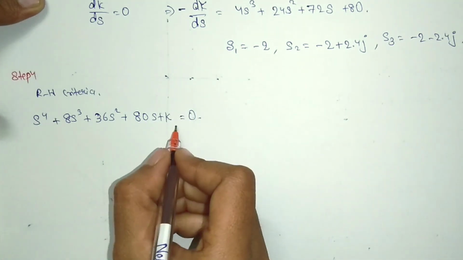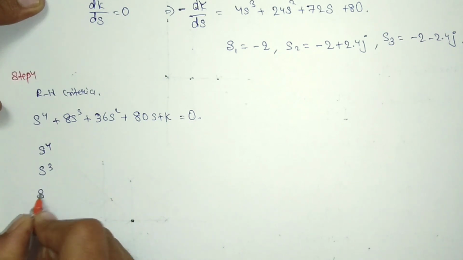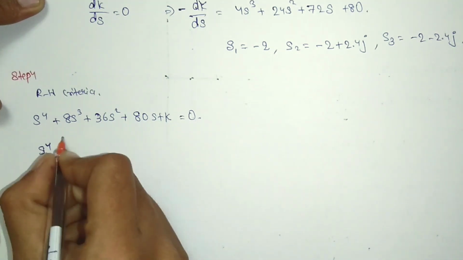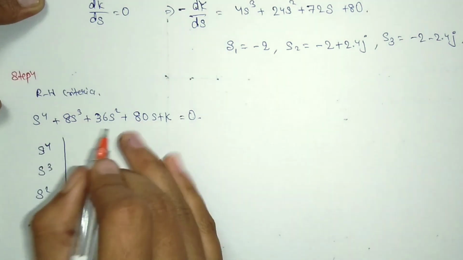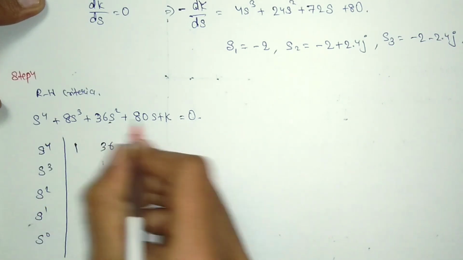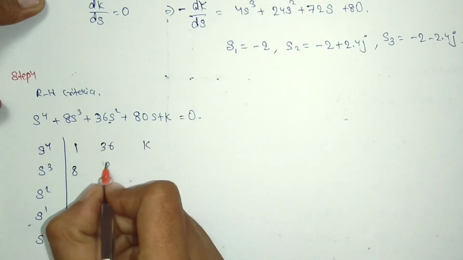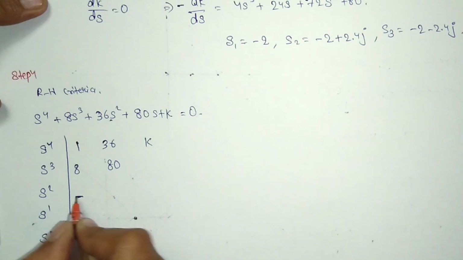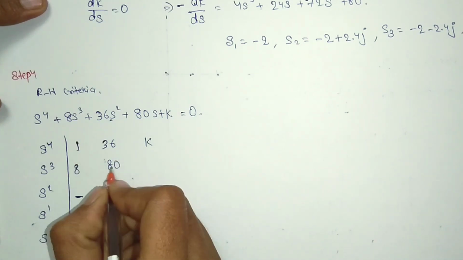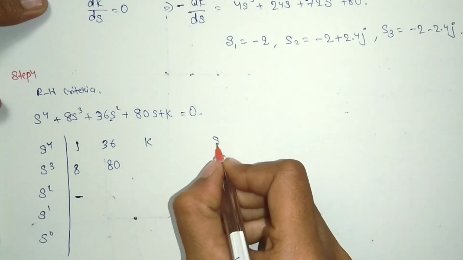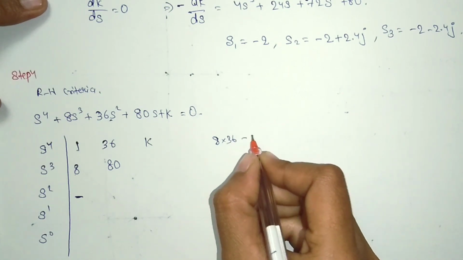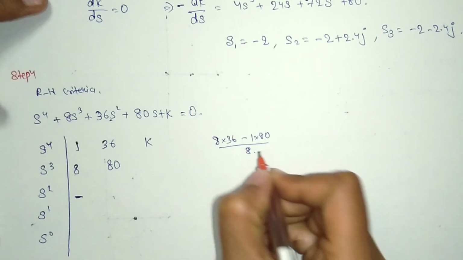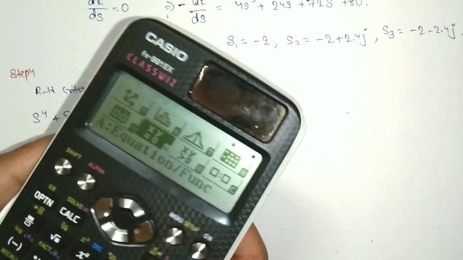Now we will take every s in decreasing order of power, and we will take the coefficients alternately: 1, then 36, then k, and then 8, then 80. To calculate this number we multiply these two, subtract the product of the other two, and divide by 8. That means 8 into 36 minus 1 into 80, divided by 8.